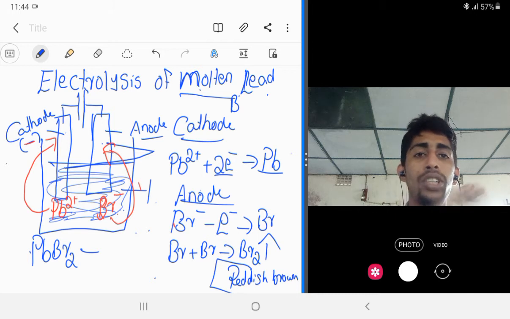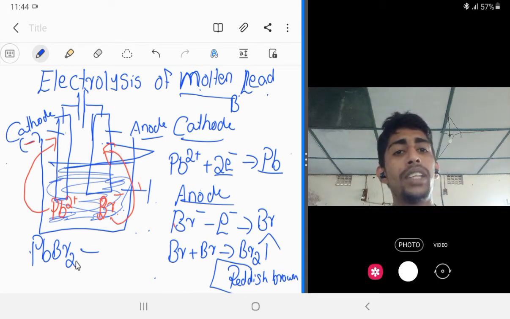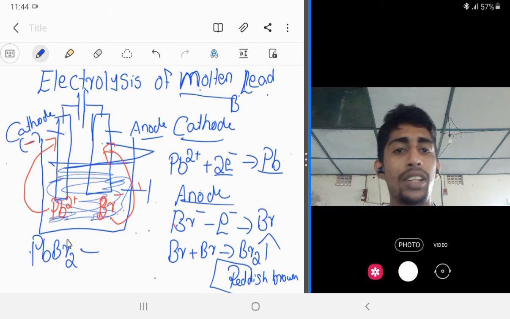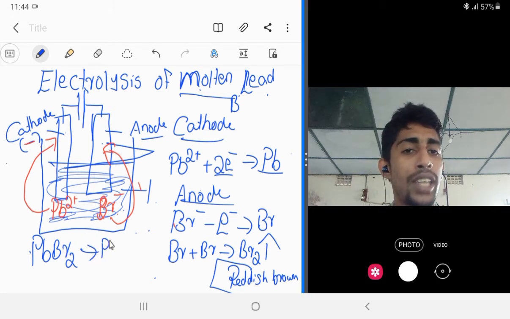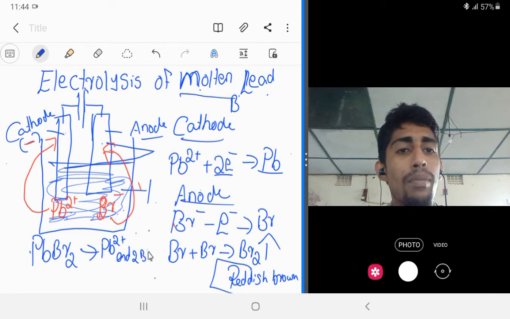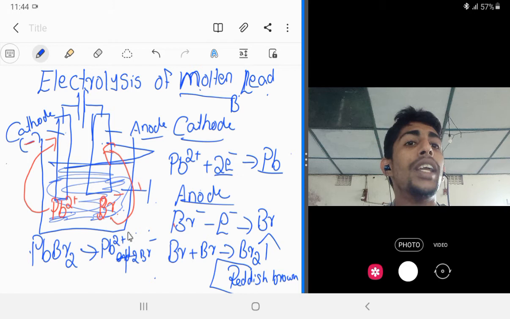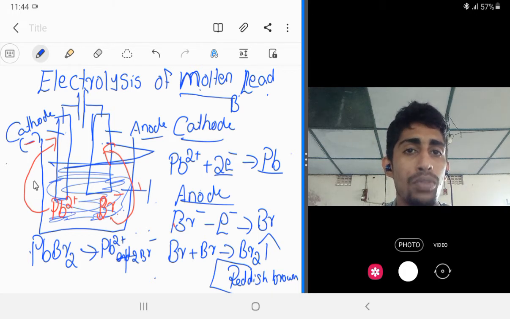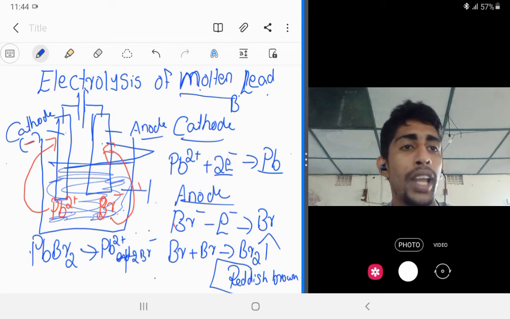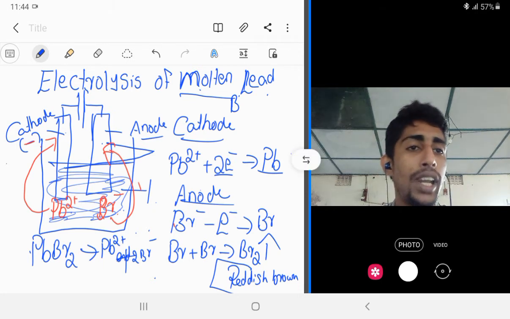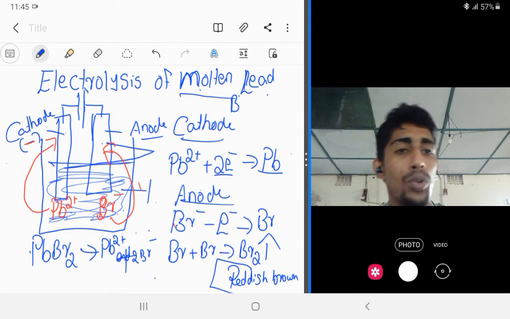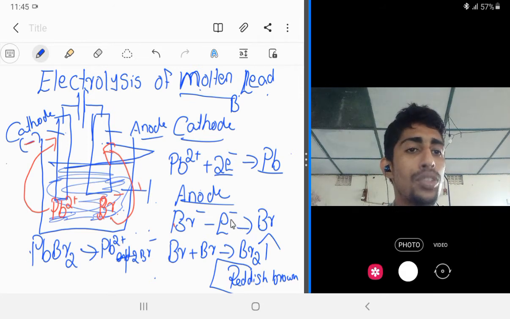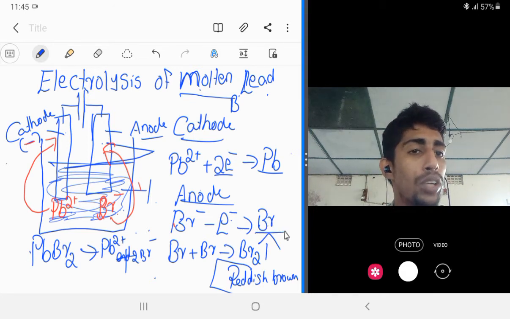I hope you understood. Always remember the total reaction: when we pass the electricity, the lead bromide will dissociate as Pb2+ and 2Br-. Then the Pb2+ will move to the cathode, gain 2 electrons, form neutral lead and deposit at the cathode. The negatively charged bromine will move to the positively charged anode, lose its 1 electron and become a neutral bromine atom.